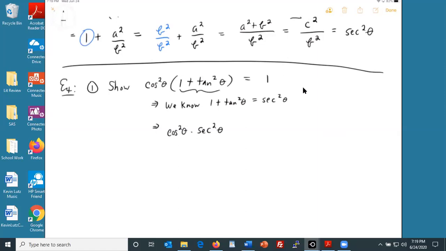And now you don't need the parentheses anymore. What could I do with that? Now we can use the reciprocal identity that secant is 1 over cosine.